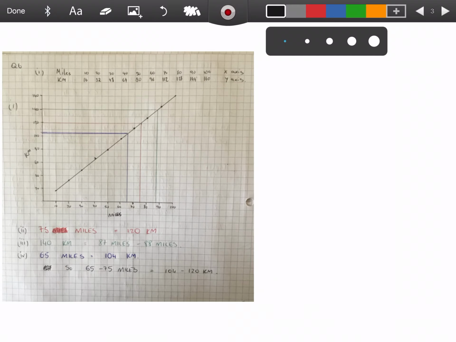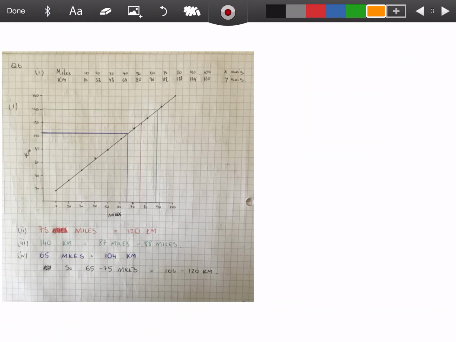First part was to do conversions. So they gave you all of the values in miles, you can see them there, and you are given the equation, the other way around, sorry, kilometers is equal to 1.6 times miles.